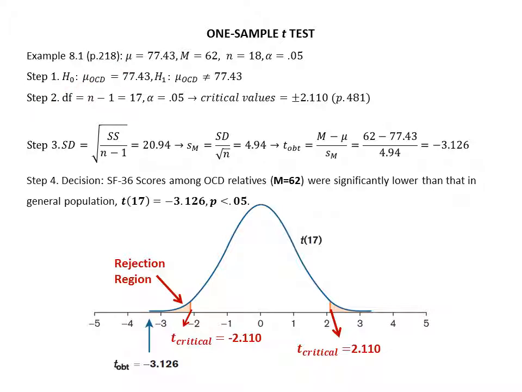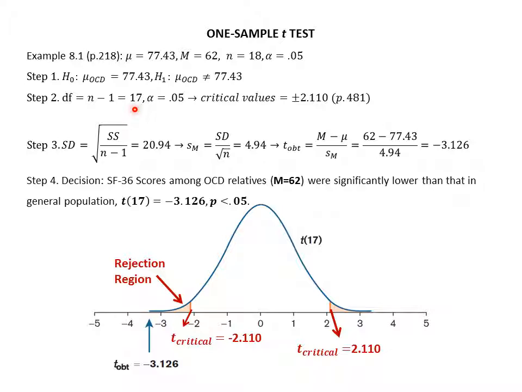So step 2 is to set the criteria for a decision. And we use the table on page 481 to find the critical value or cutoff value for our decision. So the degrees of freedom is n-1 and it's 17. So it's the second row from the bottom in the table.